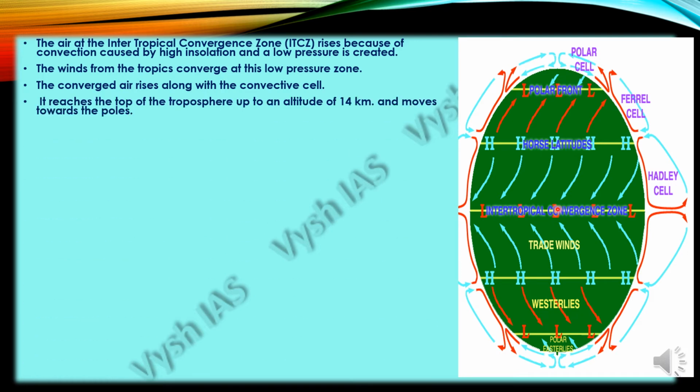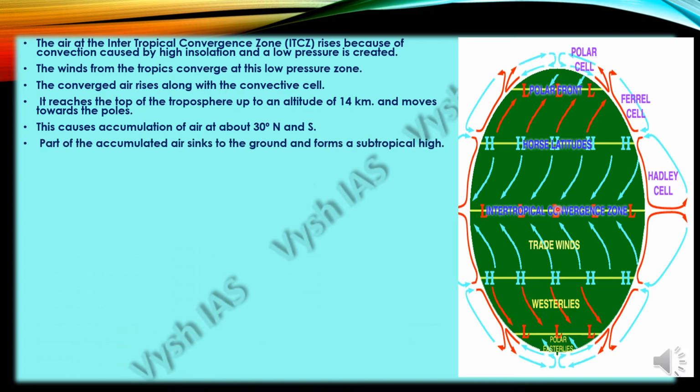It reaches the top of the troposphere, up to an altitude of 14 kilometers, and then it will start moving towards the pole. This causes the accumulation of air at about 30 degrees north and south latitude. Part of the accumulated air will start sinking to the ground and form this subtropical high in the upper regions.